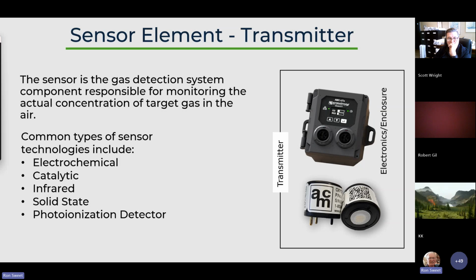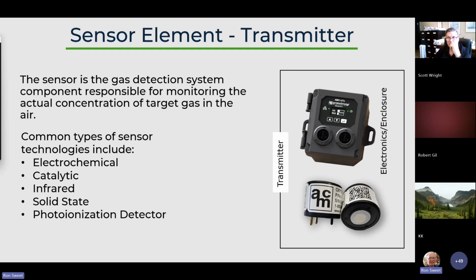Photoionization detector works on the premise of ultraviolet light. The ultraviolet light bulb inside that photoionization detector will ionize volatile organic compound molecules. So photoionization detectors are used primarily for the detection of VOCs.